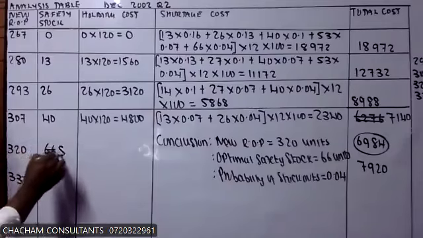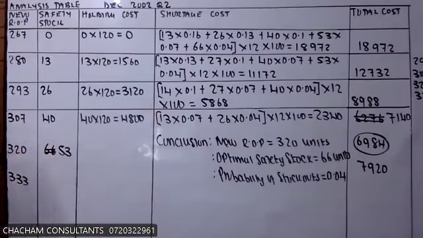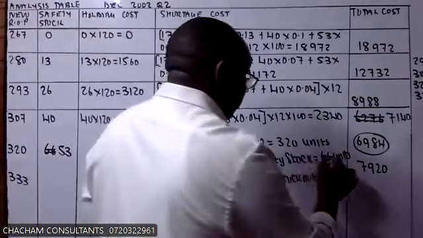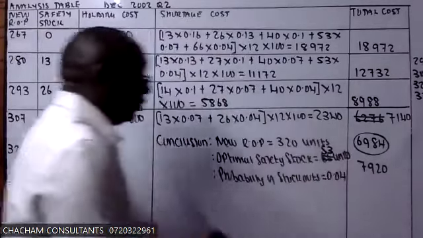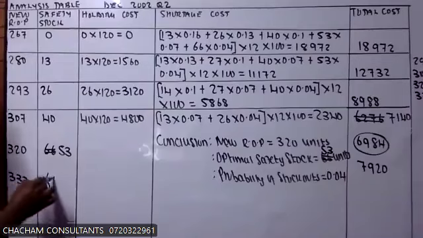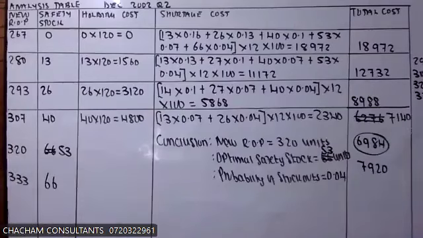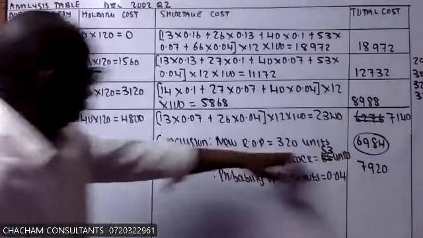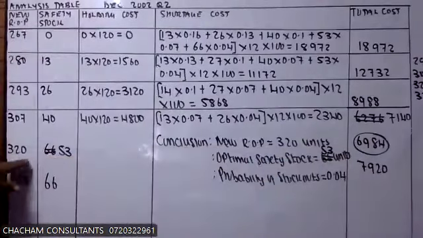Eh? Oh, yes. Sawa. That's how it should be. 53. So hapa ndio kuna 66. Yes. Okay, good. So the optimal safety stock, because tunachukua hii line yote, the one with the lowest costs hapa.